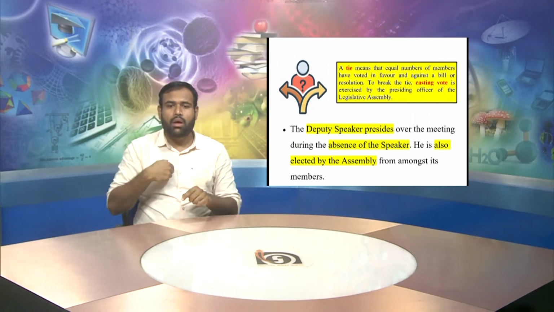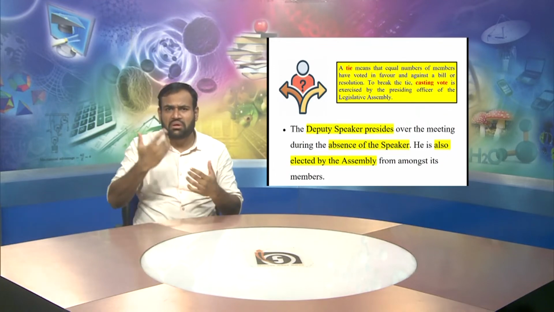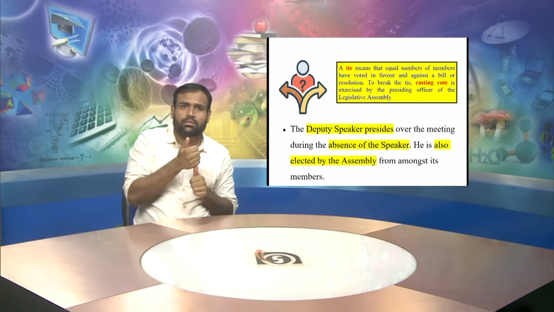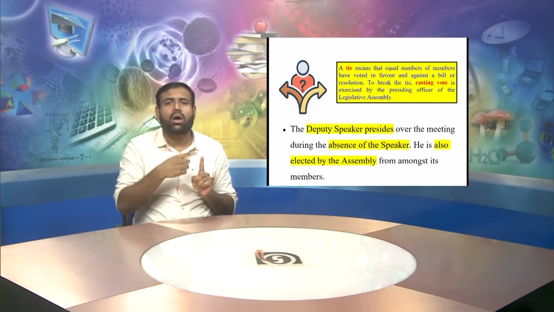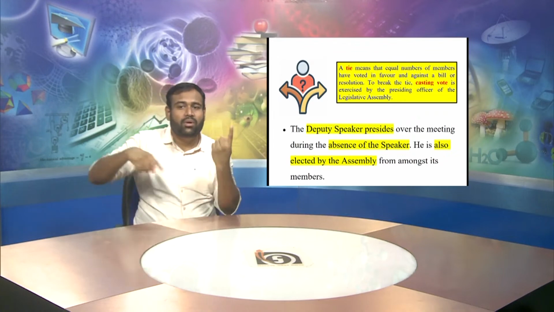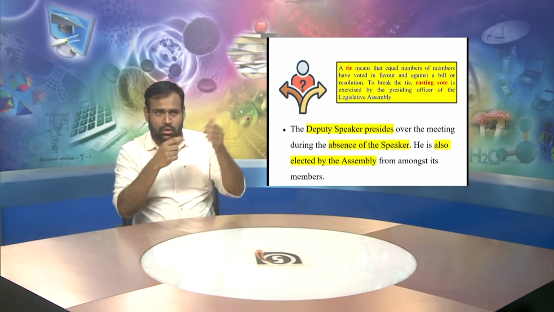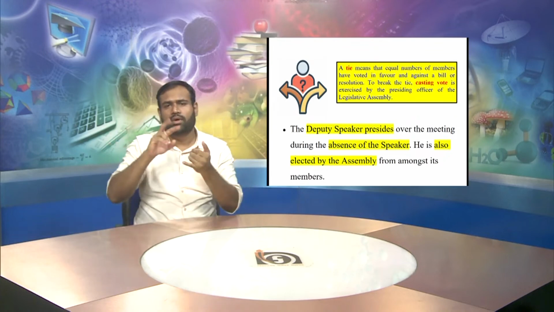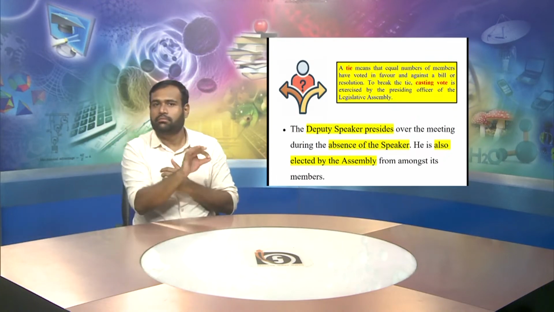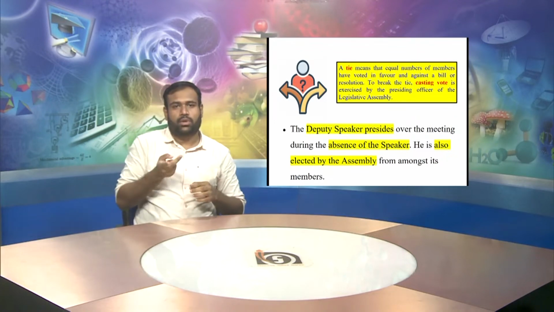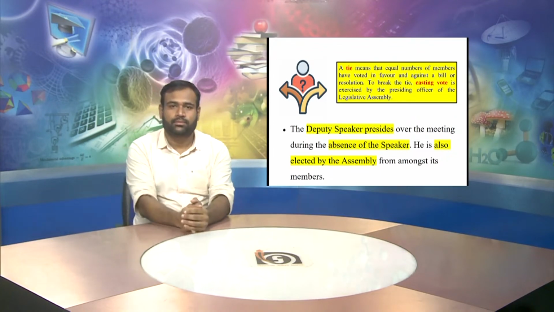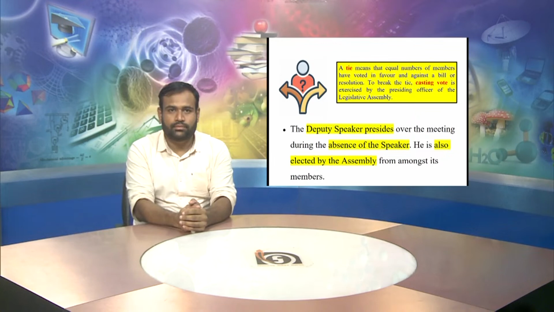Let us understand the meaning of a tie. A tie means that equal number of members have voted in favor and against a bill or resolution. So to break the tie, casting vote is exercised by the presiding officer of the Legislative Assembly. The Deputy Speaker presides over the meeting during the absence of the Speaker.